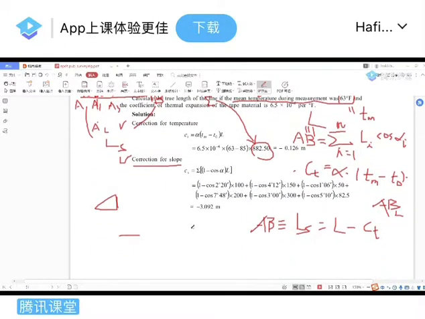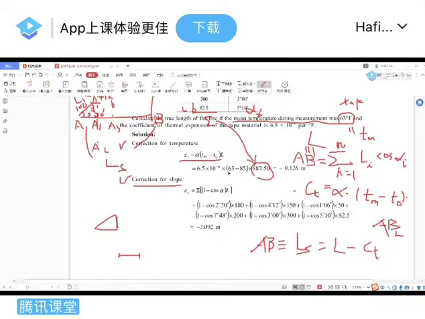You can think about this one. If you use CT to do this calculation, how much will your CT become? The number here will be 63, your mean value, minus T naught.